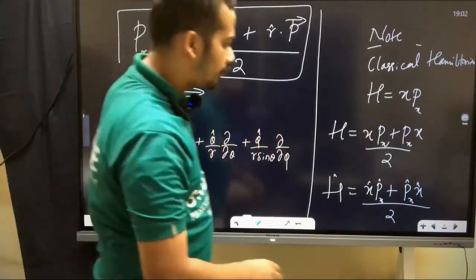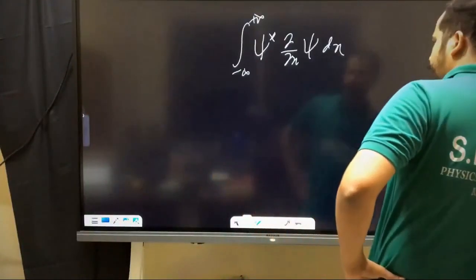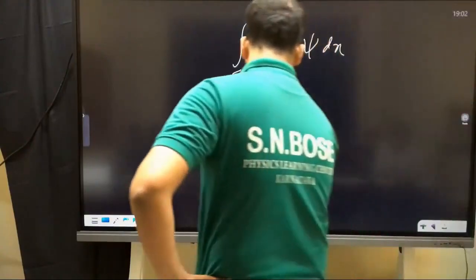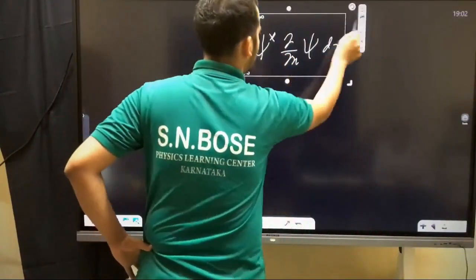The same thing goes for cylindrical coordinate. What you have to do in cylindrical coordinate?